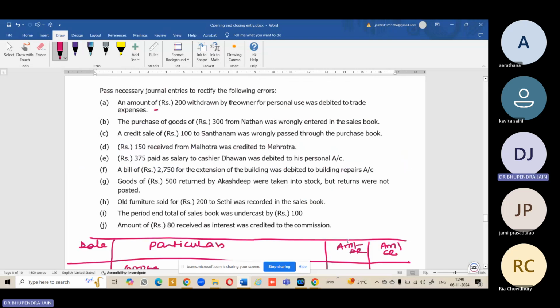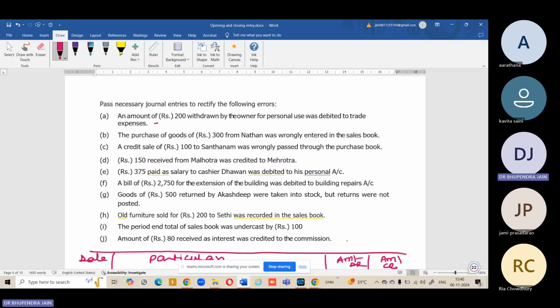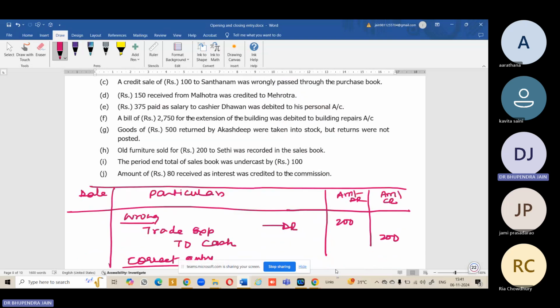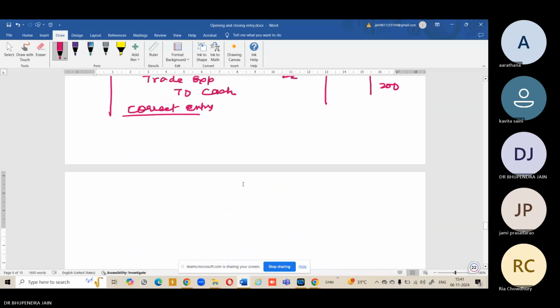What is the question? An amount of rupees 200 withdrawn by the proprietor for personal use. So this is called drawing, but was debited to the trade account. So what will be the correct entry? The correct entry will be drawing account debit to cash.